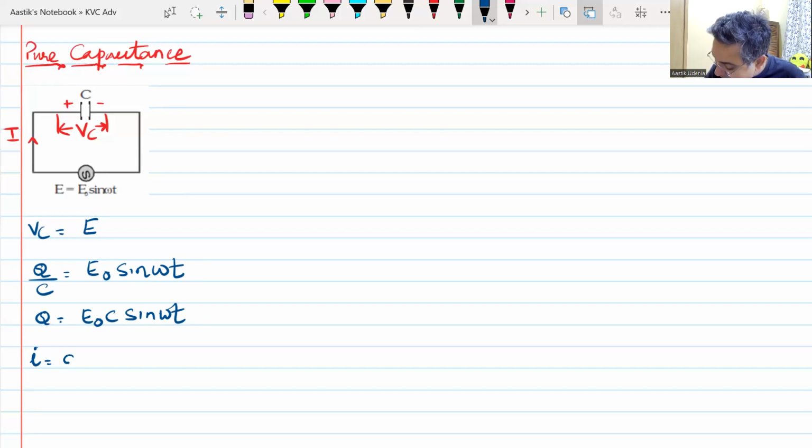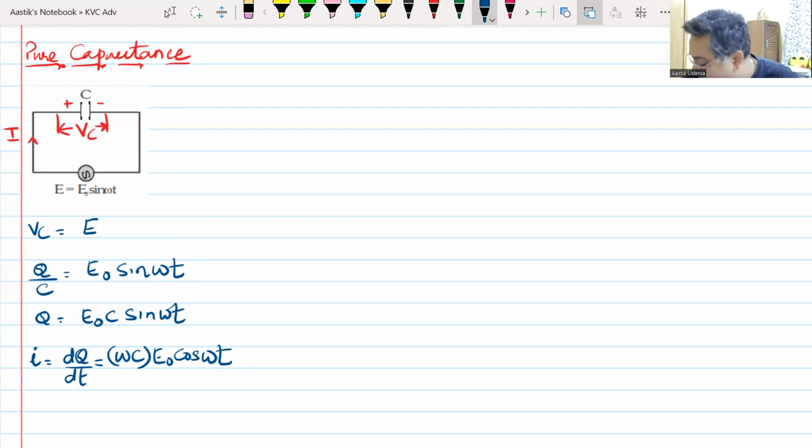The current in the circuit will be dq by dt, and if you find out the value of this dq by dt, you will get omega into C into E naught cos omega t. The derivative of sine omega t is cos omega t. Yes or no?